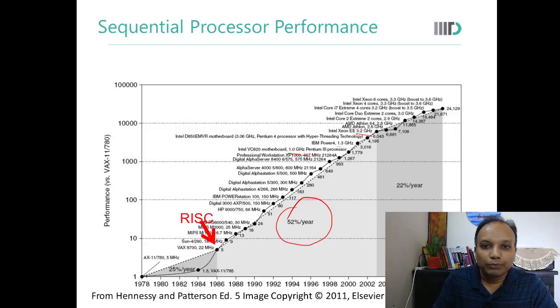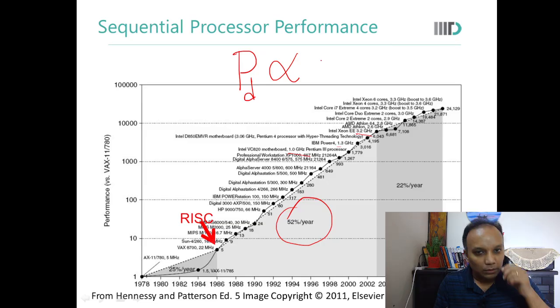We also said that the power dissipation was primarily coming from the dynamic power, and dynamic power is proportional to... basically there is a formula.